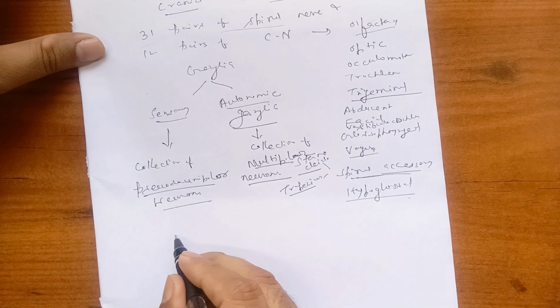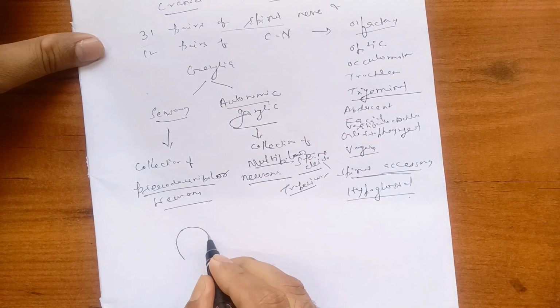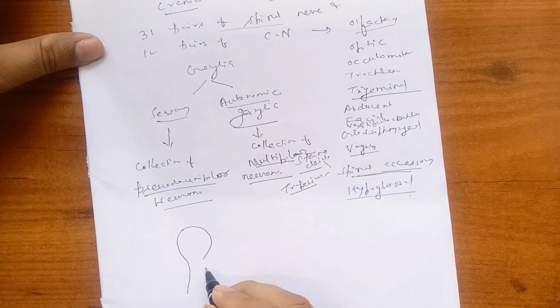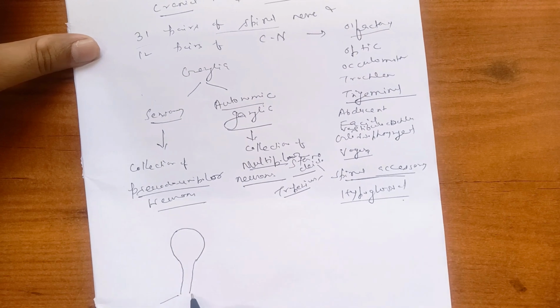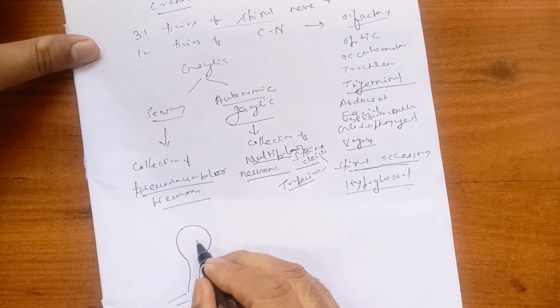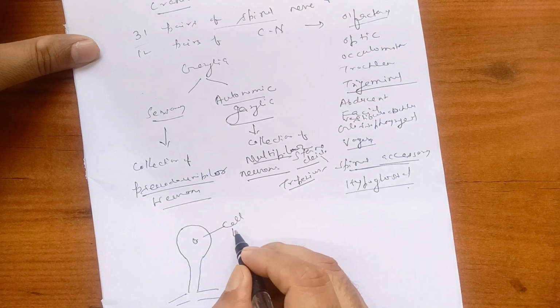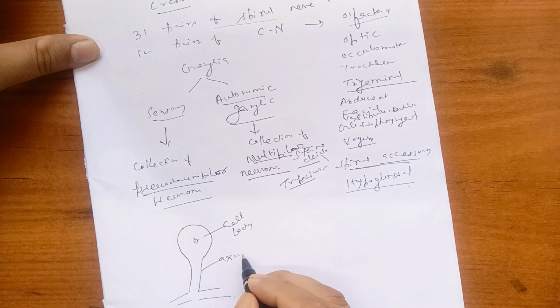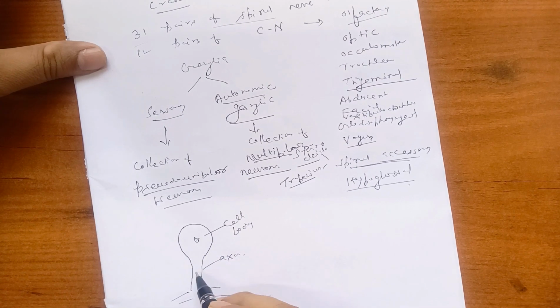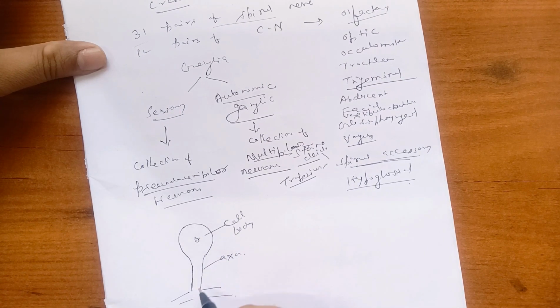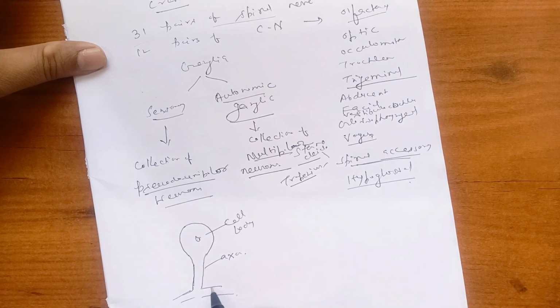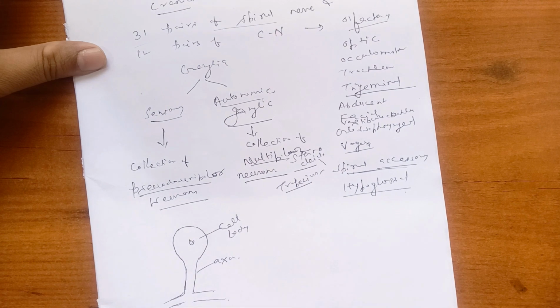Pseudo-unipolar means there is the cell body with the nucleus, and a single process leaves the cell. This single process, that is the axon, soon bifurcates at a T junction into a peripheral and a terminal process and ends in the central nervous system.